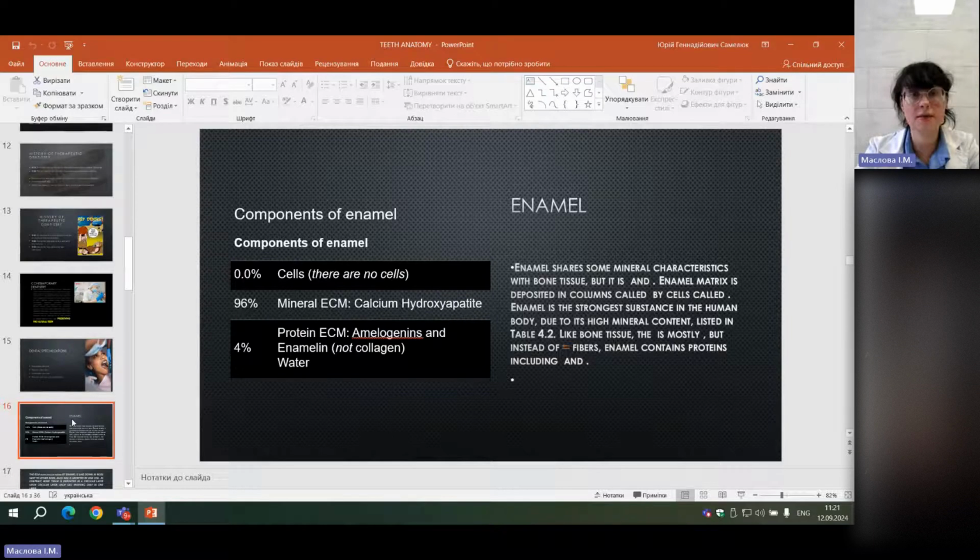Components of enamel. It is a tissue or structure of the tooth without cells, no cells in enamel, 0% of cells. 94 or even 98% is mineral, ECM or extracellular matrix. It's calcium hydroxyapatite.